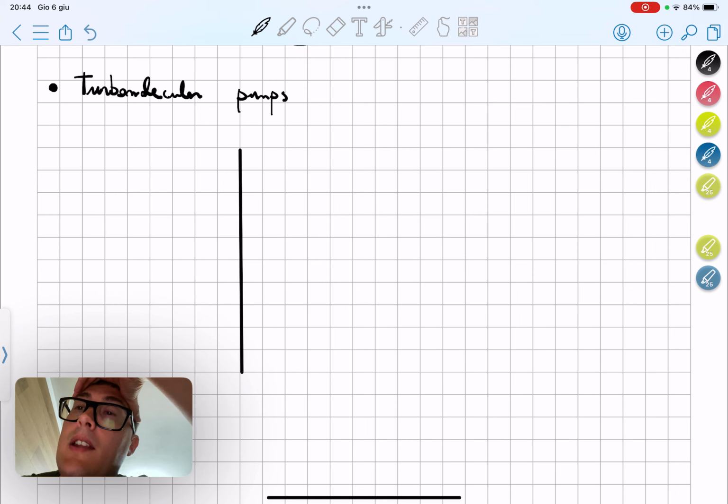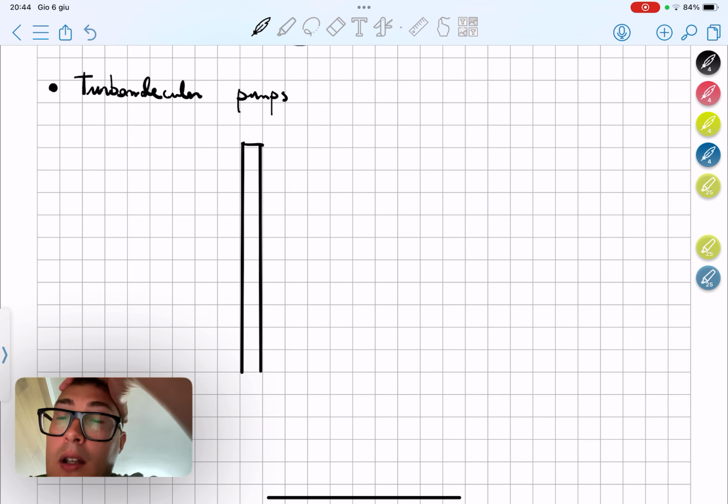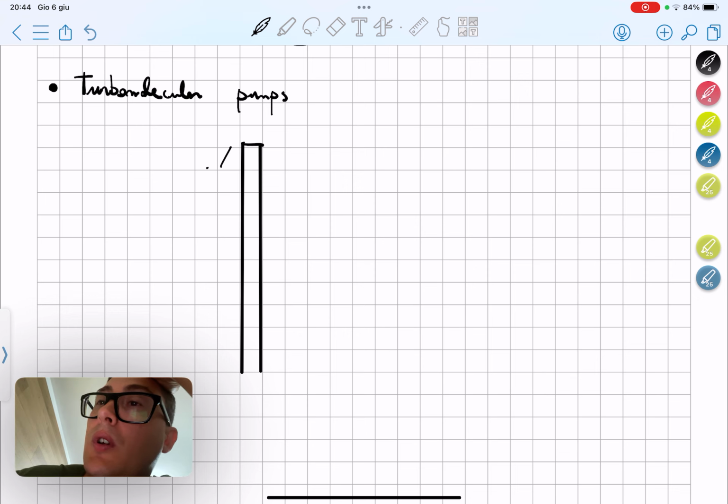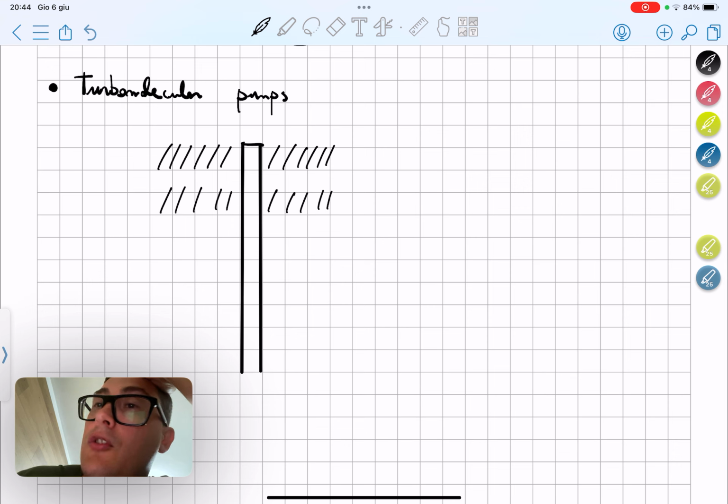Essentially, there is a stator. Of course, these are just sketches. It's going to be too difficult for me to draw precisely the behavior of the pumps, so I will just give you some idea of the physical principle of such pumps.